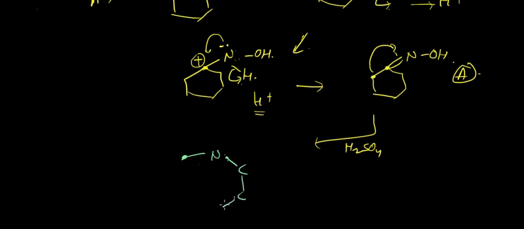Okay, 1 2 3 4 5 6 and 7. And obviously C double bond O here and NH here. So this will be the final product which we will be getting after tautomerism.